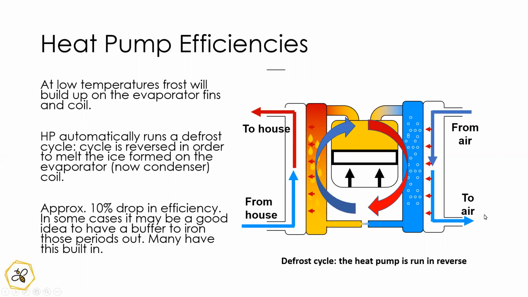And that's why Ken's talking about a buffer or having enough water in the system to have that inertia and be able to still deliver heat to the house whilst that's happening. So it does contribute to a reduction in energy efficiency of about 10%, but it's obviously necessary because that frost will be problematic otherwise.